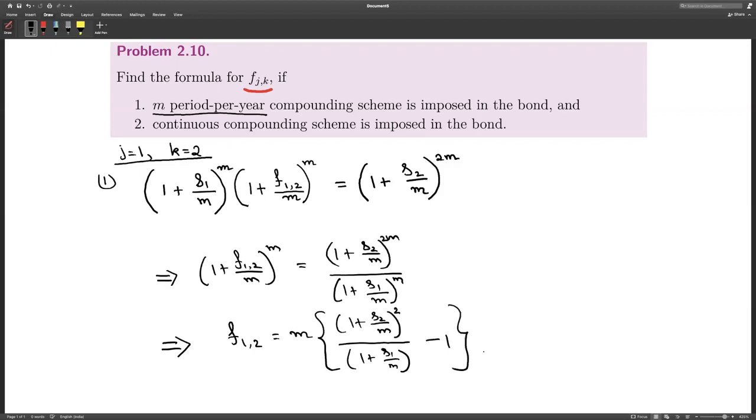So that is the formula. Remember, it is for j equal to 1 and k equal to 2. Now you can generalize it to any j and k. So this part is done, and the same idea will go with the continuous compounding scheme also. I leave it to you to complete this problem.